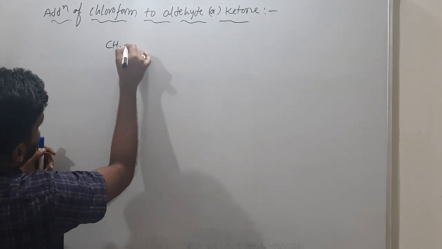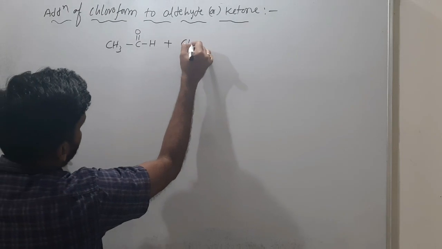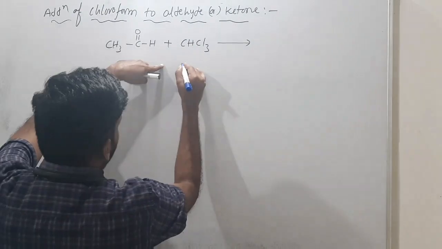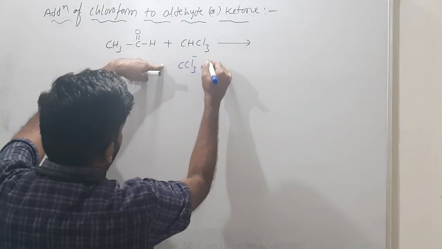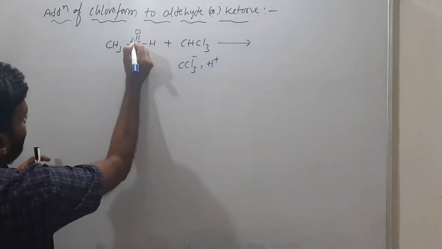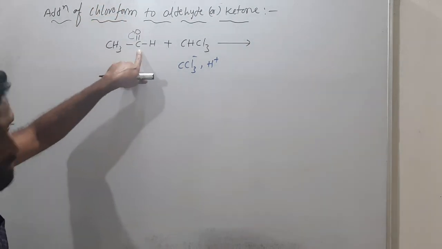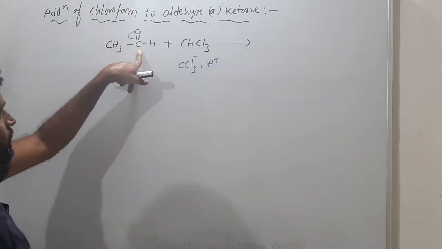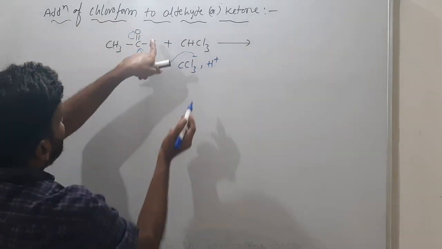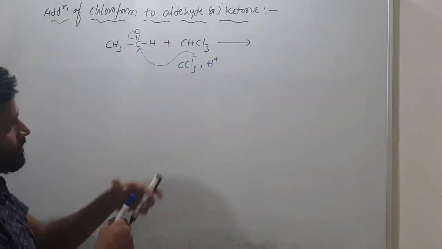Suppose you have CH3 C double bond O H. When CHCl3 is added, as I told you already, it gives CCl3 minus and H plus. If the C=O bond migrates towards oxygen, oxygen gets a minus charge and carbon gets a plus charge. So CCl3 minus will add here, and the O minus will take the H plus, giving OH.